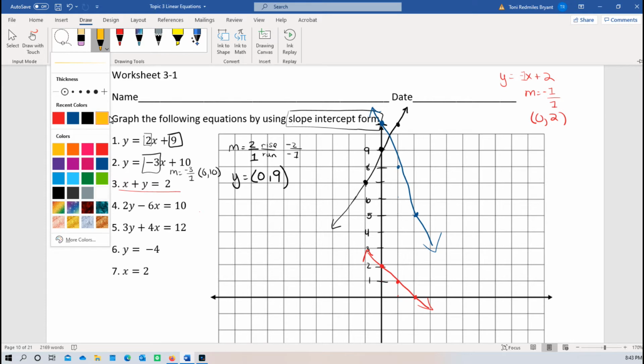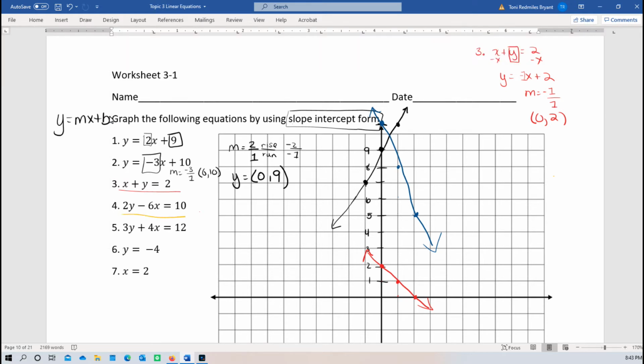I'm also going to have to rearrange number 4. It's also not in y equals mx plus b form, so I'm going to have to help it out a little bit. And the first thing I'm going to do is add 6x to both sides. So now I have 2y equals 6x plus 10. Next thing I need to do is, because the 2 is multiplying the y, to undo it, I have to divide by 2.